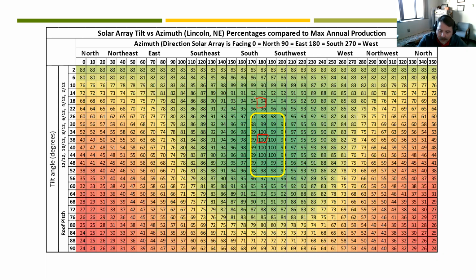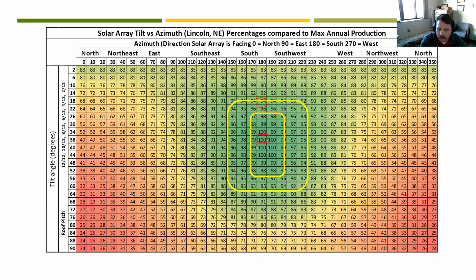So you have that, but then you also have the azimuth, or the direction it faces. The second chart is anything within essentially 5 or 6% of 100, and so you see there is some wiggle room. Does it have to be exactly optimum at 38, or could it be a 42-degree pitch?